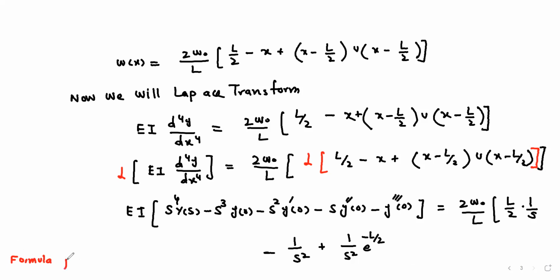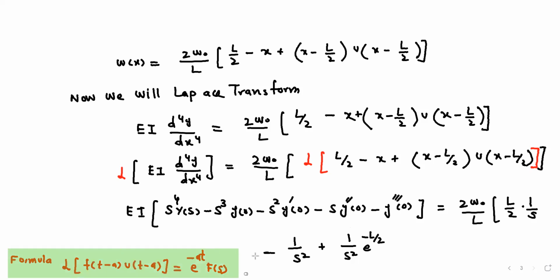The Laplace transform of f of t minus a u of t minus a is equal to e raised to power minus as times capital F of s. So I will use this formula here. The Laplace transform of x is 1 by s square, multiplied by e raised to power minus as. Okay, students, this is the formula we will use here for your clarification.